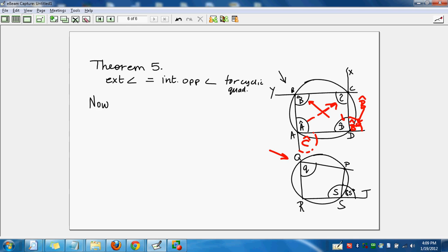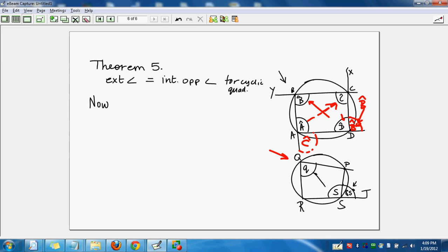Okay, so what we have to recognize here is that we will be using this property. So if we use the property that the exterior angle is equal to the interior opposite angle for a cyclic quad, we could say that if we look at 85 as the exterior angle, it must be equal to the interior opposite. That is to say, angle Q must be equal to 85 as well, because it is the interior opposite relative to 85.